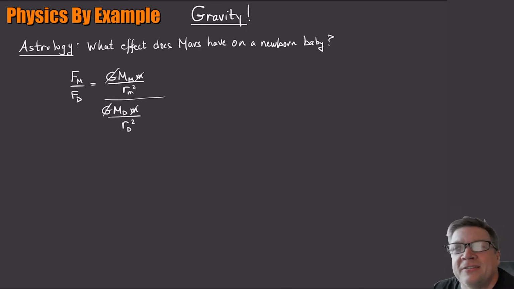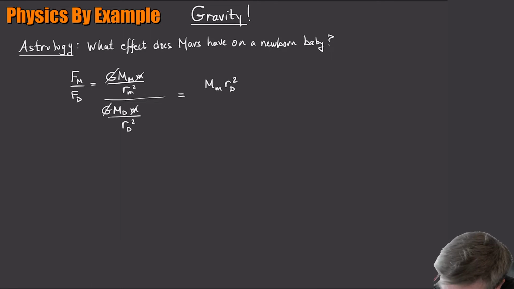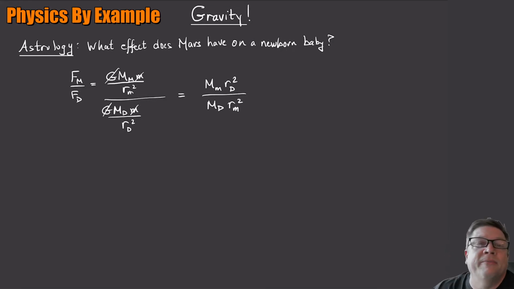This is one reason this is an easier way to go, because we don't have to worry about a lot of these things. If we form ratios, sometimes it saves calculator work because a lot of factors cancel out. So forming this ratio, the distance from the doctor squared is going to pop up into the numerator. So this just becomes the mass of Mars times the doctor's distance squared divided by the mass of the doctor times the distance to Mars squared. There we go. That's how the fractions work.